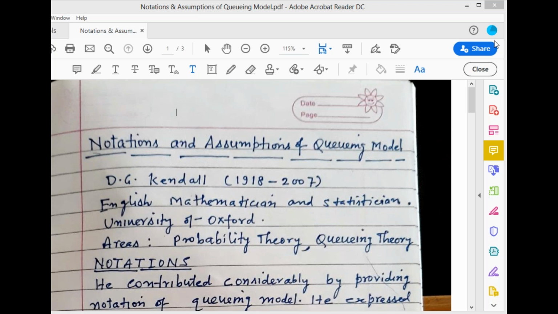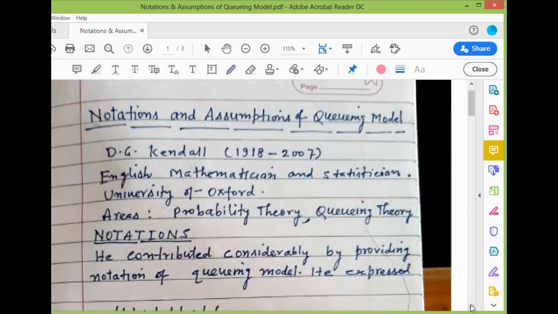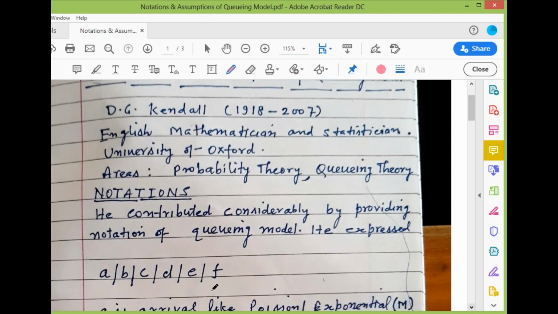If you search the literature for Kendall's notation, you will immediately find it. What is Kendall's notation? If we look at Kendall notation, he gave this kind of notation.